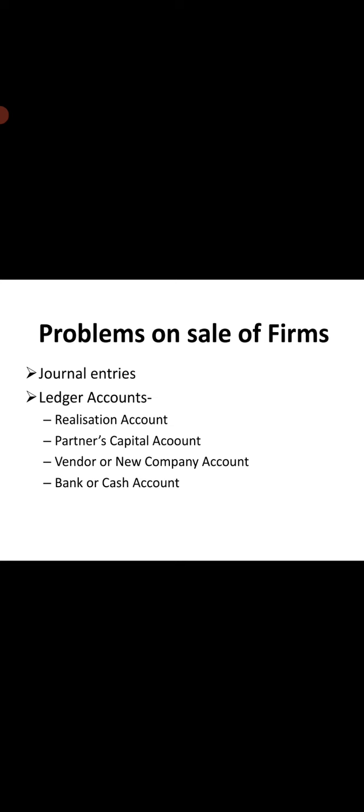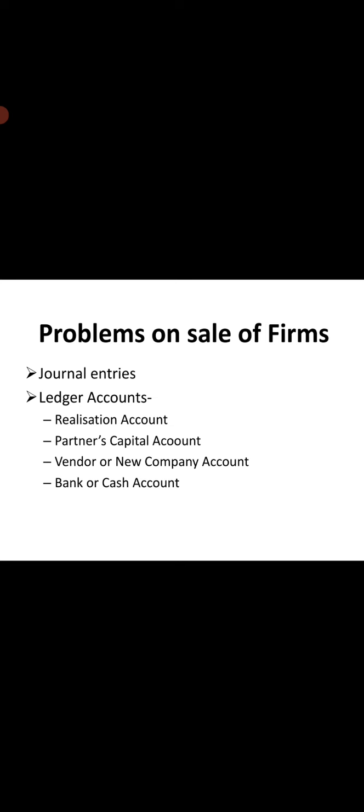Point number 4: the purchase price was paid half in cash and half in fully paid shares of the company. The firm realized its own investments and the shares at 5% less. Give journal entries and prepare ledger accounts. So that is the problem as given in the study material.